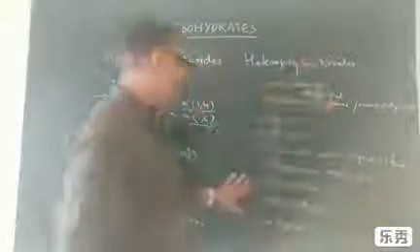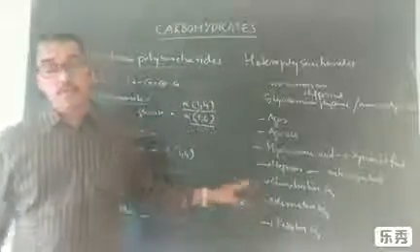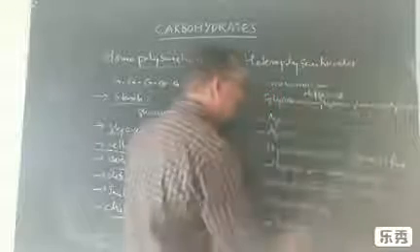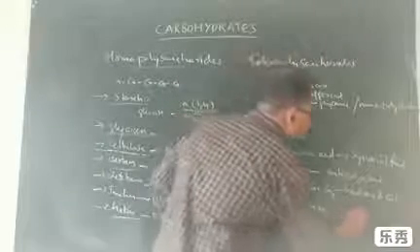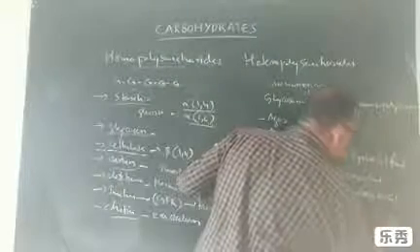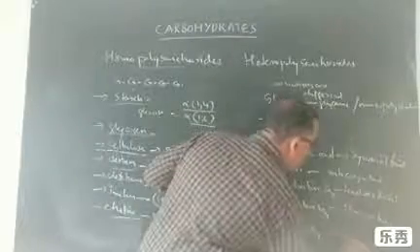Then chondroitin sulfate in tendons and cartilages. Dermatan sulfate is present in skin and walls of blood vessels. Then keratan sulfate is present in the cornea of the eye.